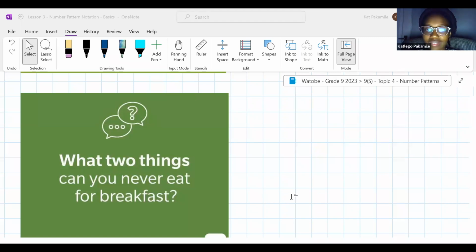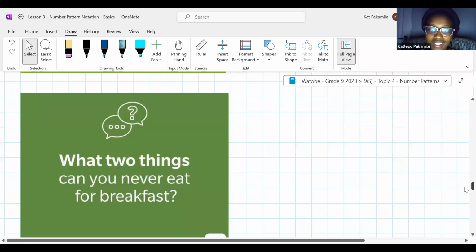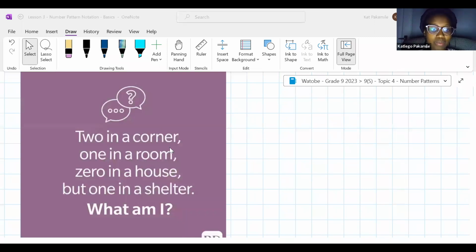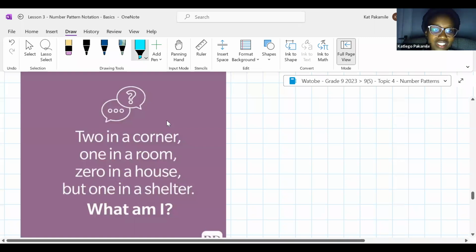Hello, ma'am. Hello. Are you ready? Yes, ma'am. Let's see. Okay, two in a corner, one in a room, zero in a house, but one in a shelter. What am I? Wow. Rabbit is definitely Googling this. Rabbit, you're always the first one to get it. I'm suspicious.